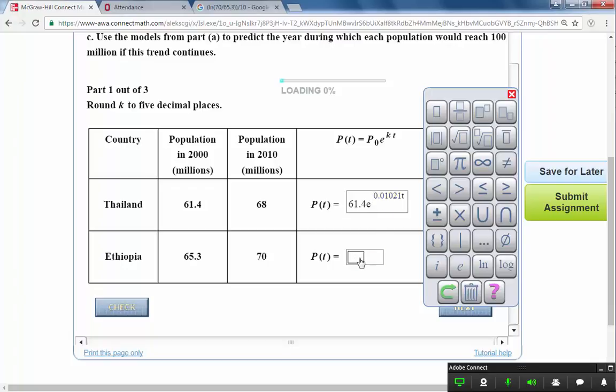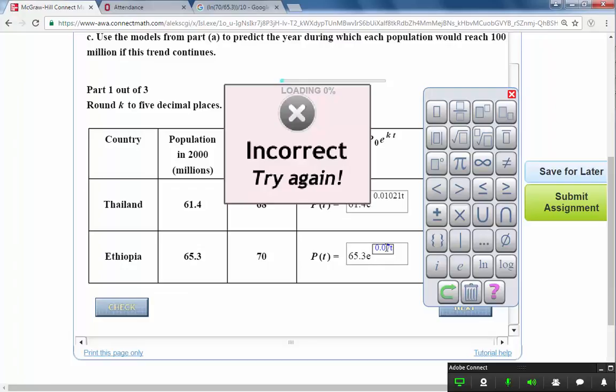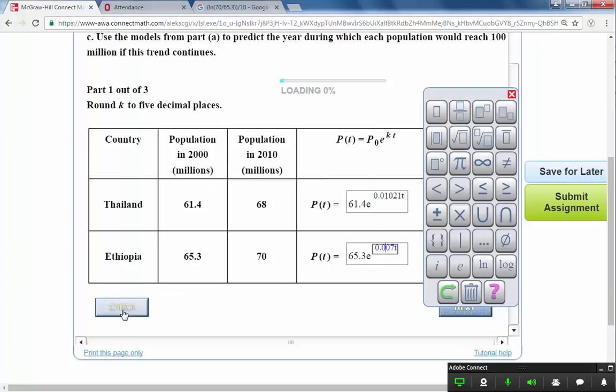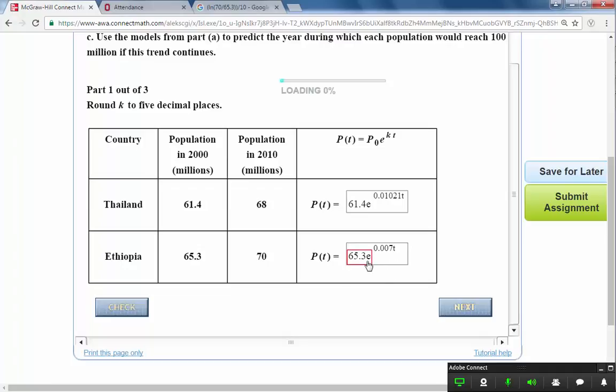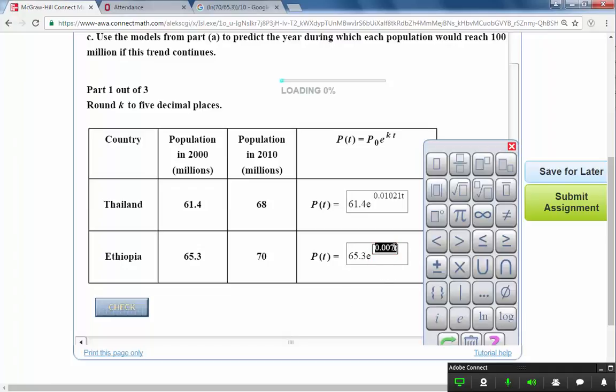T. This was 65.3, e raised to 0.007 T. It was 2 zeros. Still incorrect. I think you were supposed to round to 5 decimal places.